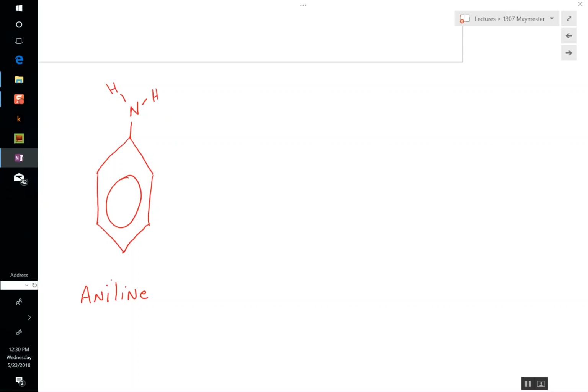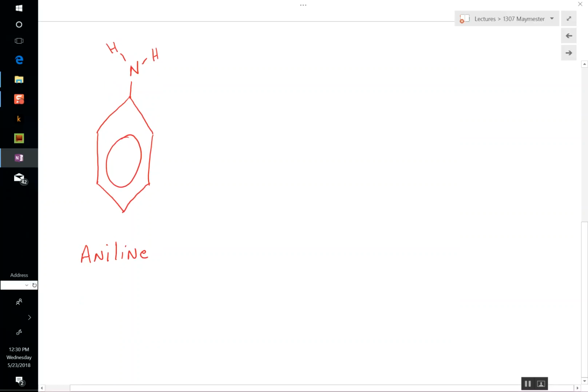Aniline. Now, for you to understand, you're going to see the letter N show up in the names of molecules, and I want you to see why. So I'm going to draw a molecule here. And I'm going to draw another molecule right next to it.